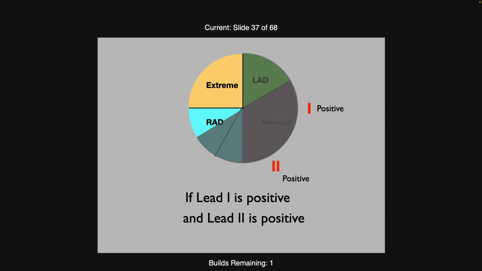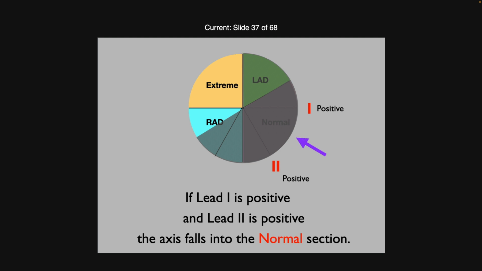If lead 1 is positive, it's going to be here. If lead 2 is positive, it's here. And where's the overlapping part? Which area? Normal. Okay? So if lead 1 is positive and lead 2 is positive, it's got to be in that area there. So the axis falls into the normal section.